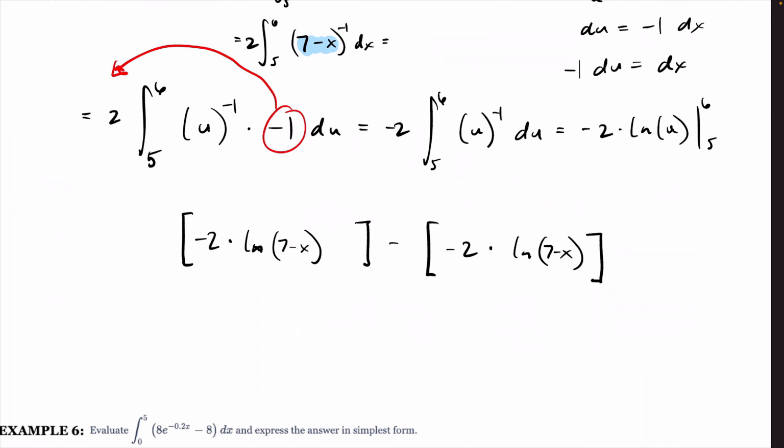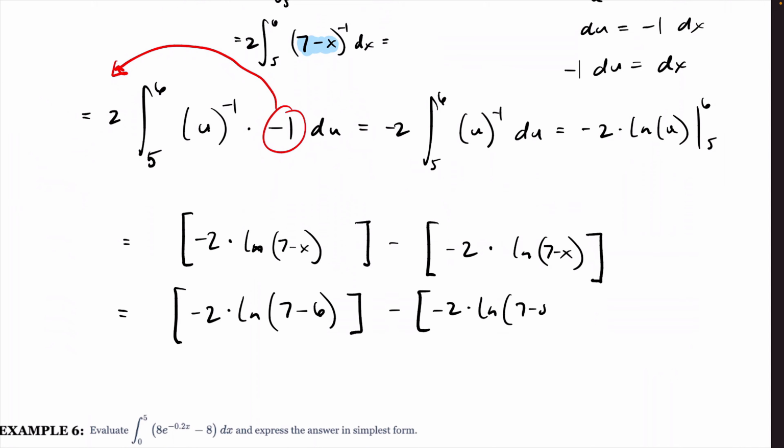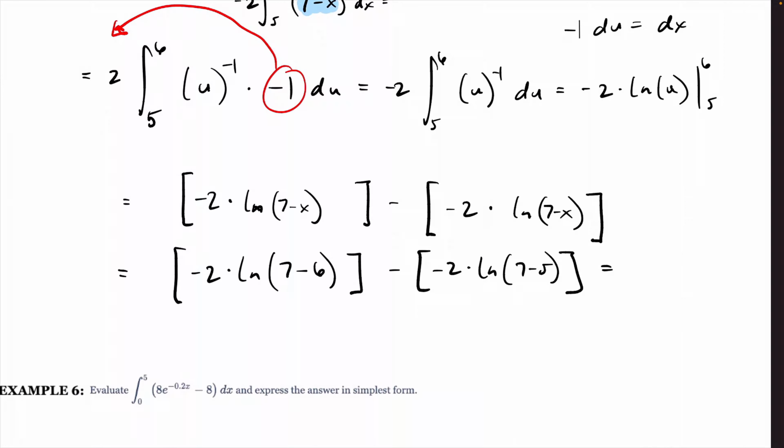So now I'm going to plug in my bounds, so it's going to be 7 minus 6 first, and then it's going to be 7 minus 5. Seven minus 6 is 1, right? What's the natural log of 1? 0. So -2 times 0 is just 0.